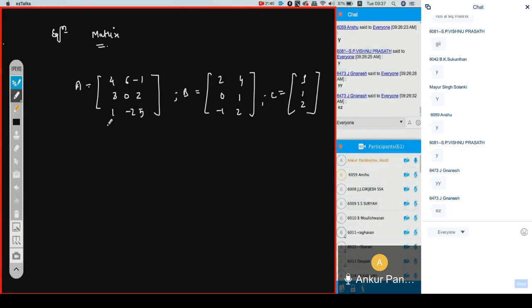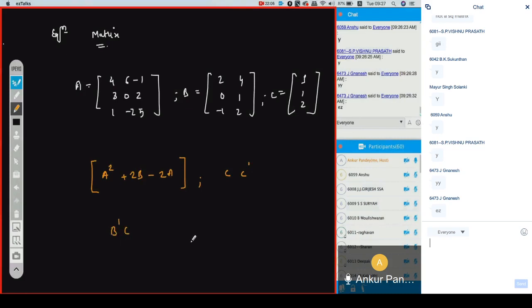Then which of the following is not defined? A square plus 2B minus 2A. C, this is not determined, it's just bracket close. C multiplied with C transpose.